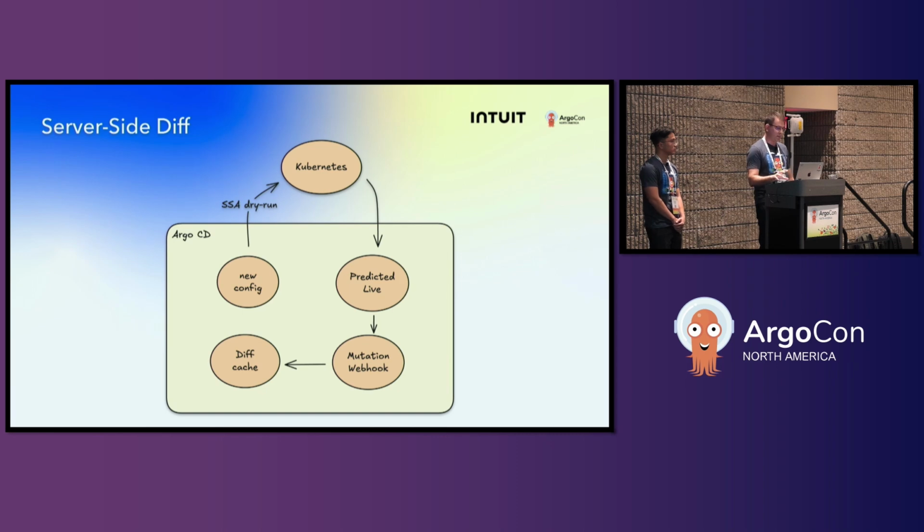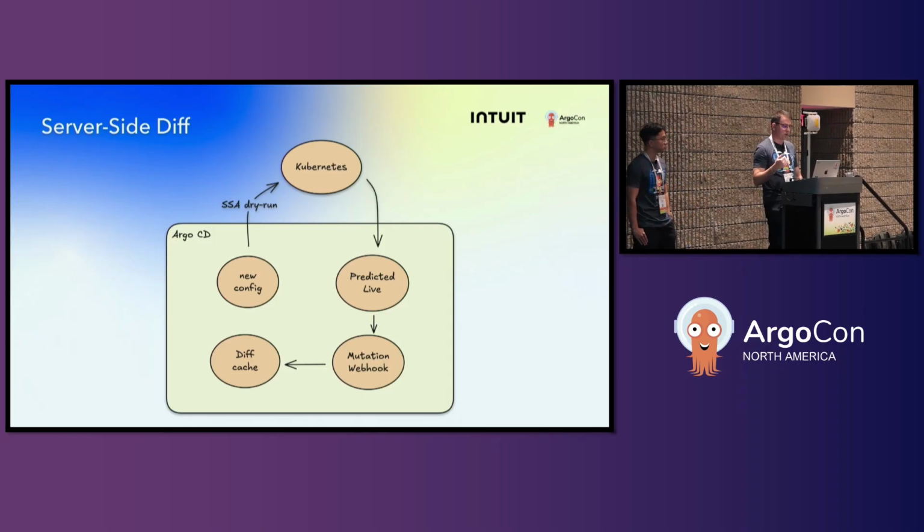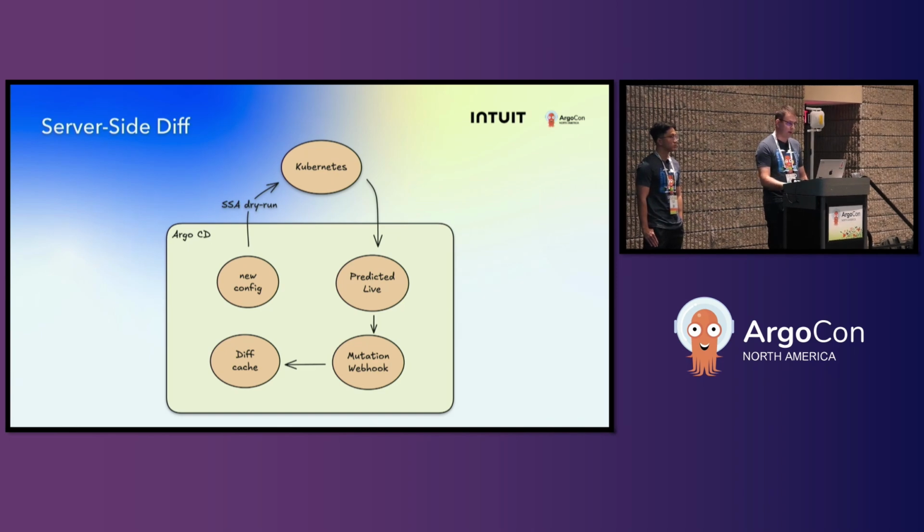Here, what I'm representing is Argo CD has this boundary, and the components that live inside Argo CD, and now the new config is, in order for us to calculate the predicted live, we invoke a server-side apply in dry run mode. So server-side diff is nothing more than running server-side apply, delegating that logic to kubeAPI, who knows how to calculate the diff properly, in dry run mode. So then we get the predicted live.